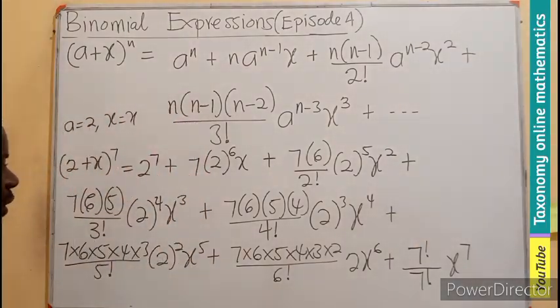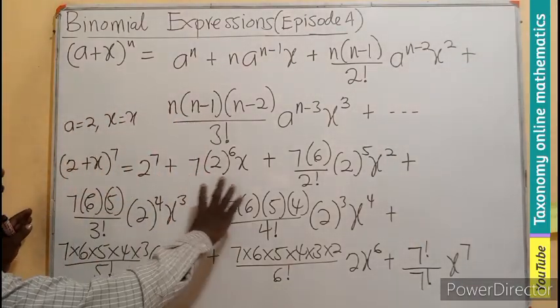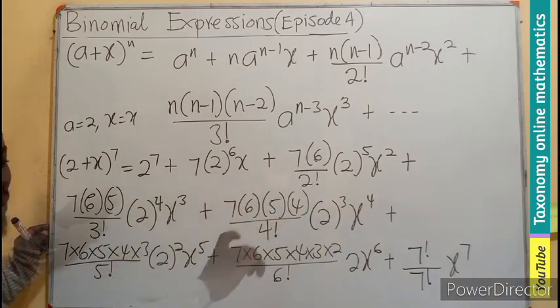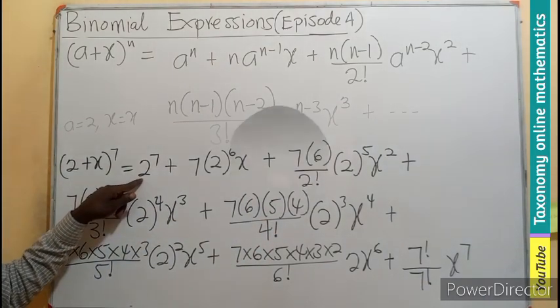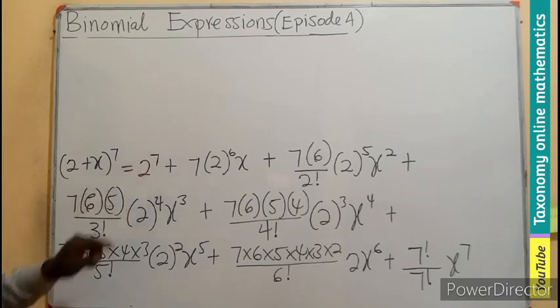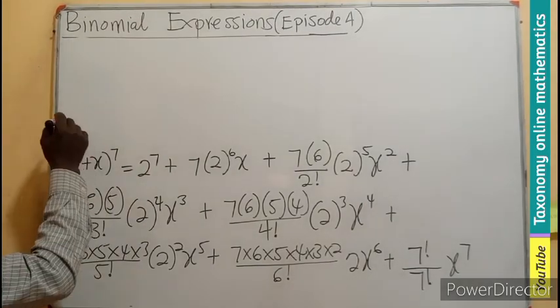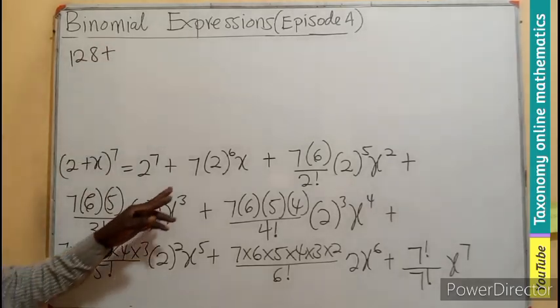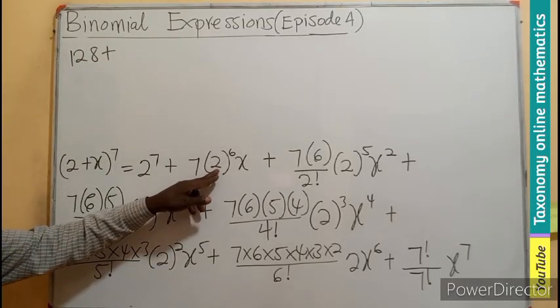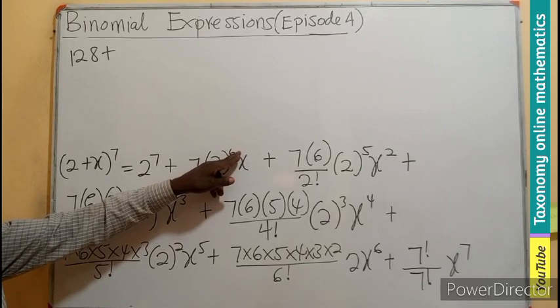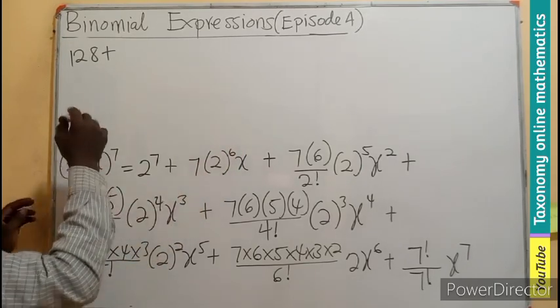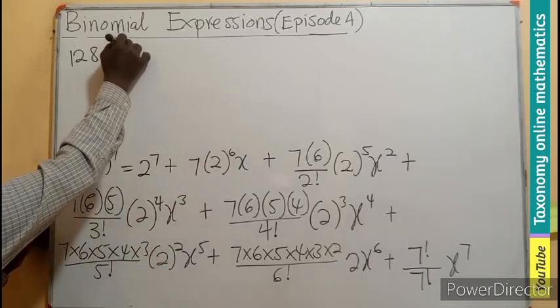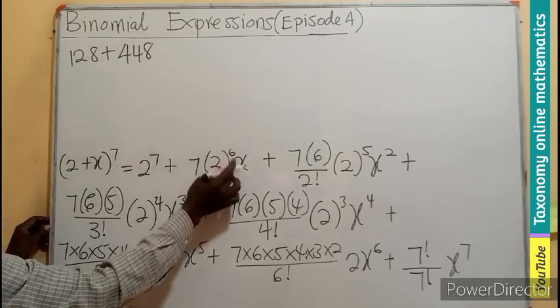So now let's see how we can rewrite the answer in a simplified form. In this case, we are going to have 2 exponent 7, which will give us 128, plus here 2 exponent 6, which is 64, times 7, which will give us 448.